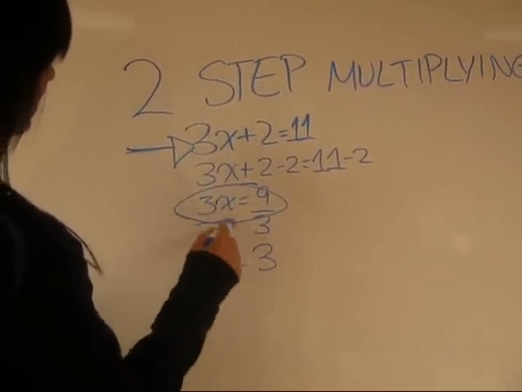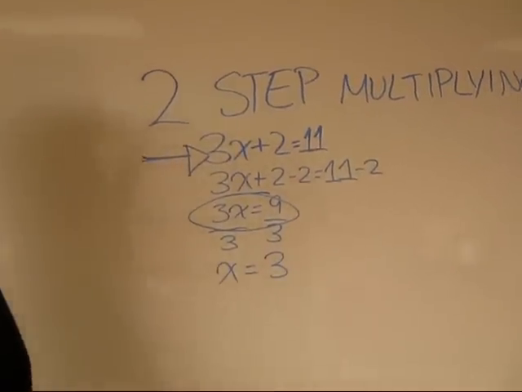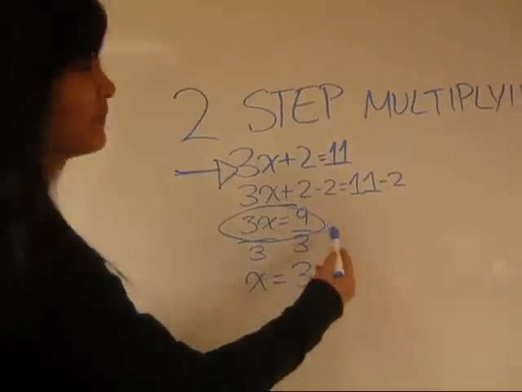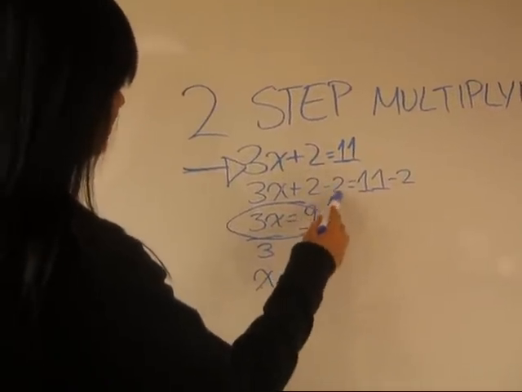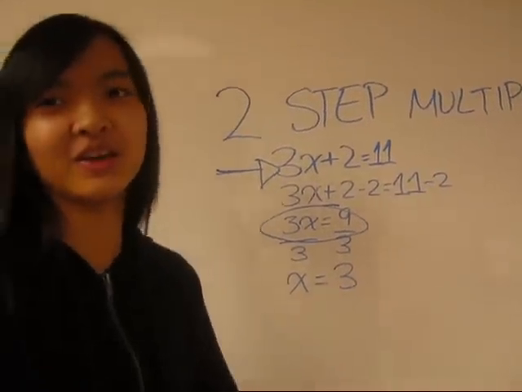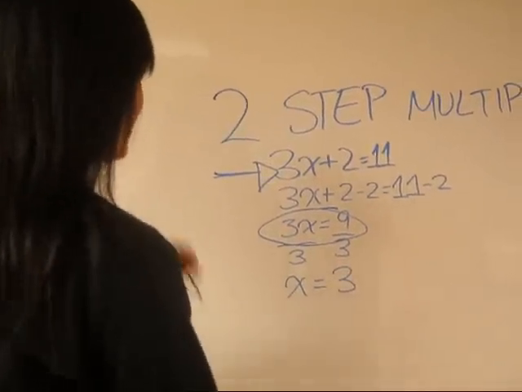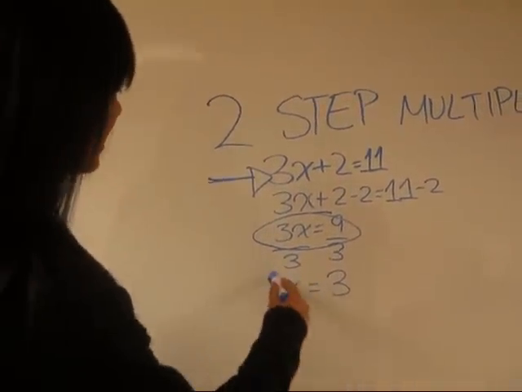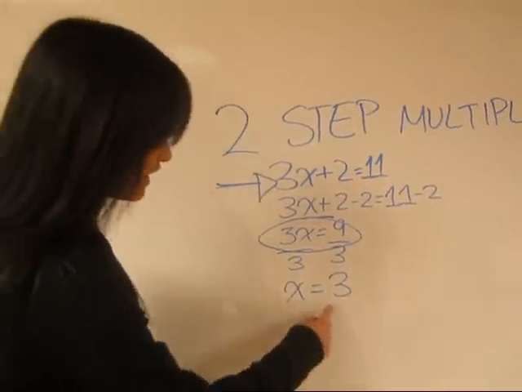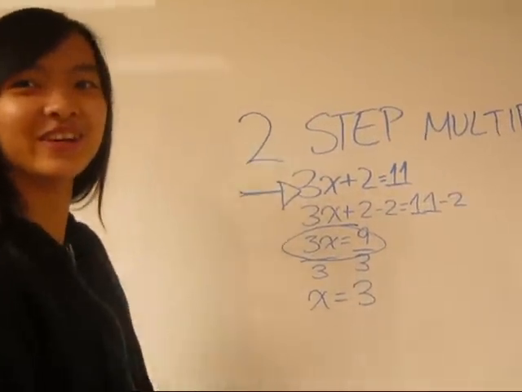So we divide by 3 on this side, and what you do to one side, you do to the other side. So 9 divided by 3. Easy enough. Now we simplify that and we get x equals 3. So yeah, we know the variable now.